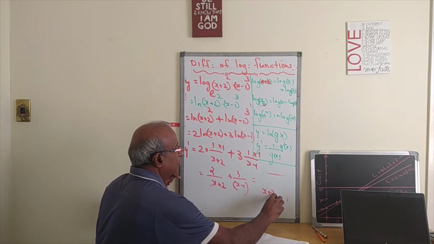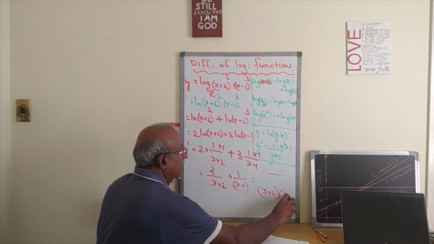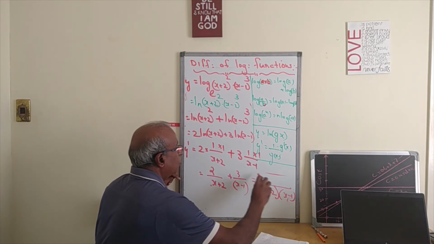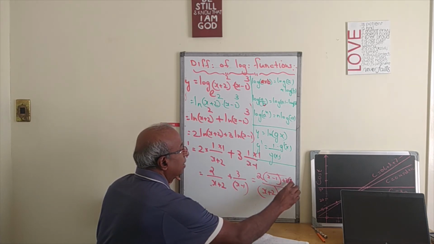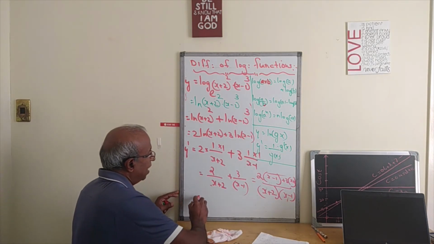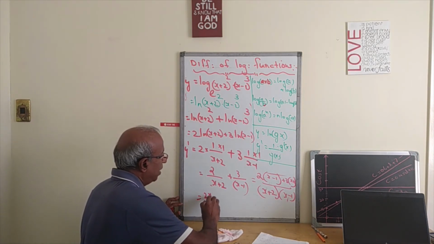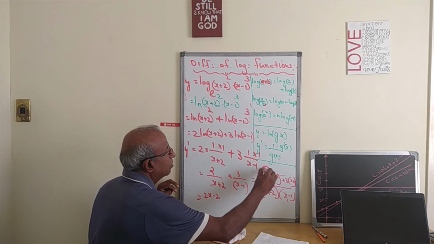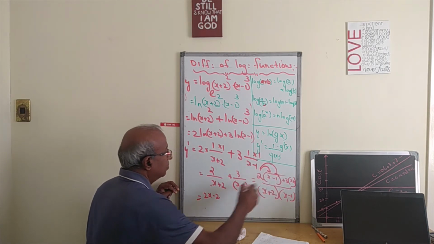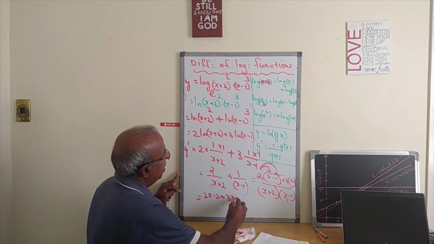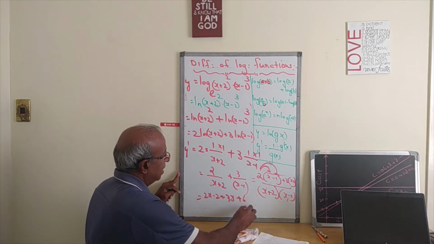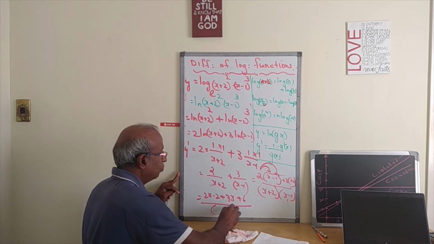(x plus 2)(x minus 1), you cross multiply it. 2 bracket x minus 1 plus 3 bracket x plus 2. Okay, and let's open the bracket. 2x minus 2, plus 3x plus 6, divided by those two brackets.